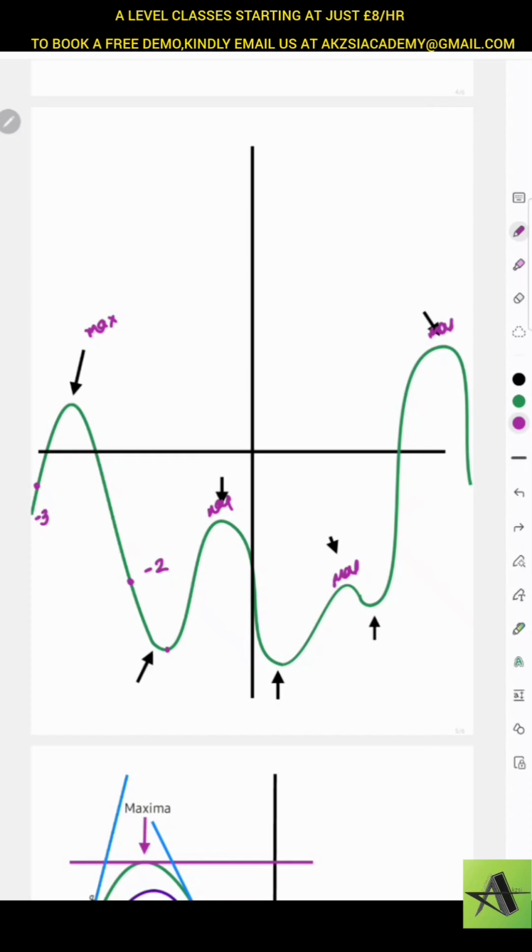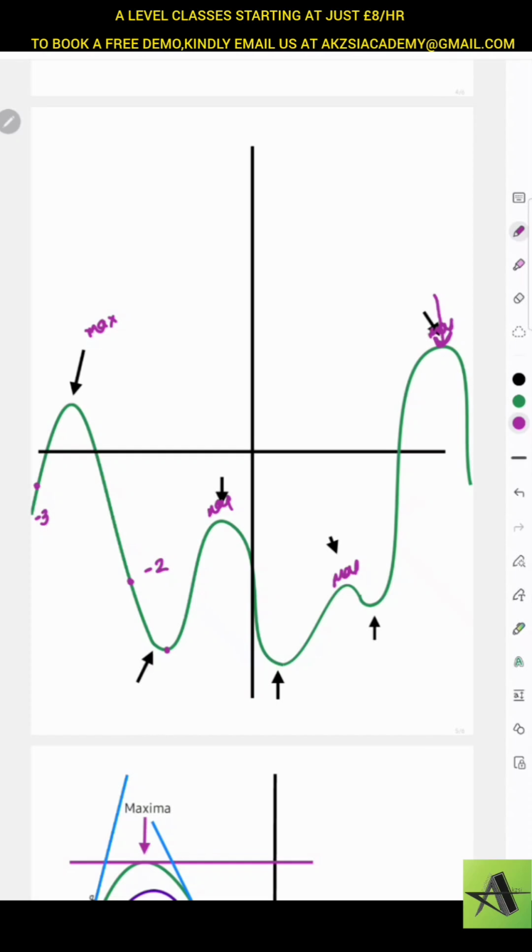Similarly here, this is a minimum point, but that's a minimum point in a given domain. But if I'm talking about the absolute maxima, that means when I compare every maxima of this curve, the highest of all those maxima points will give me the absolute maxima, which is clearly this one. This one is the peak one.